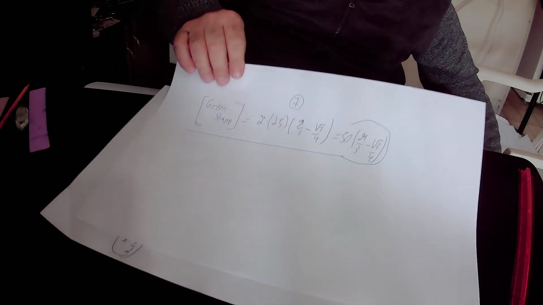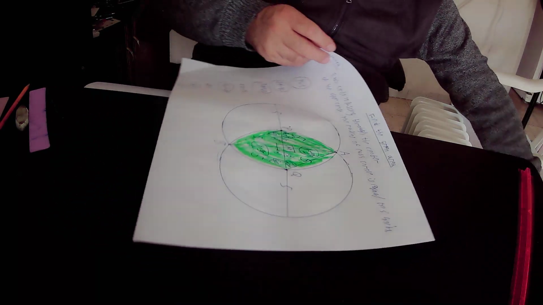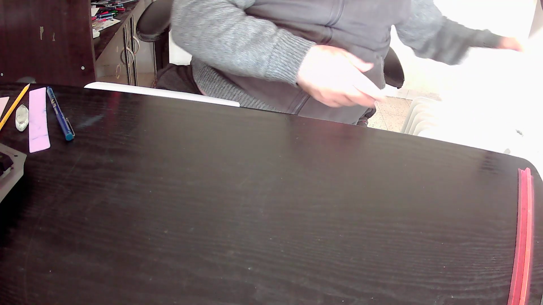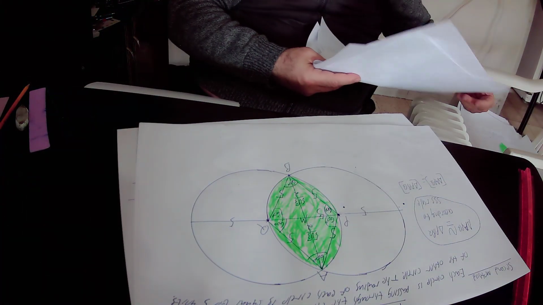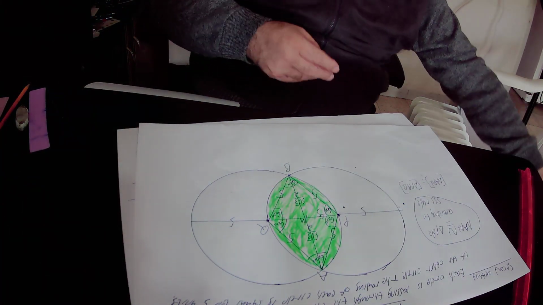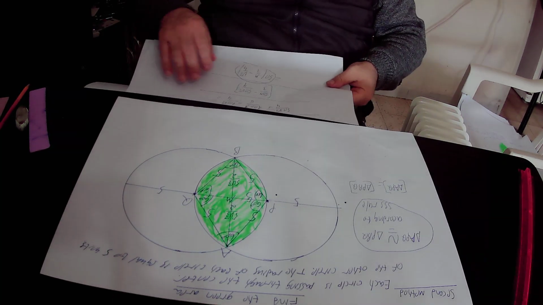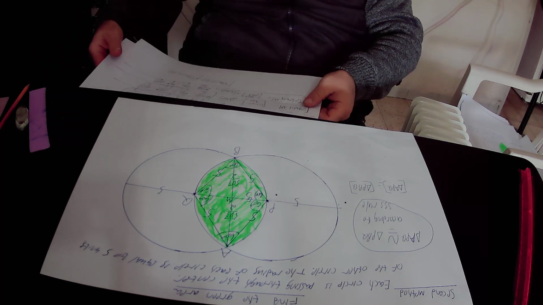Then I presented to you how to find the area of the green shape according to the second method. According to the second method, we do the same construction as we did in the first method.